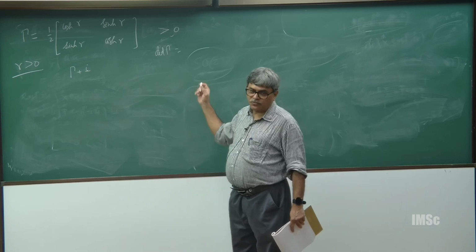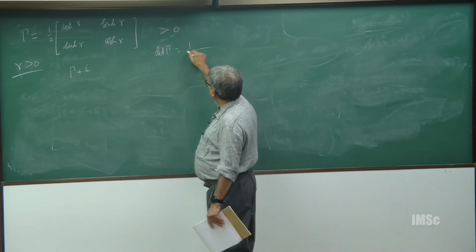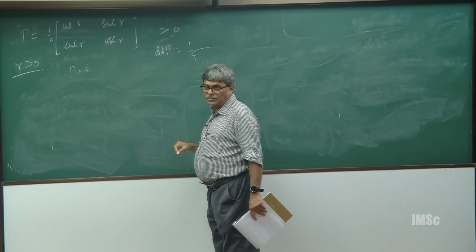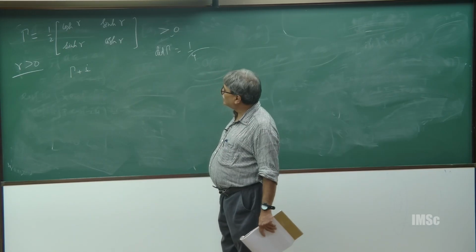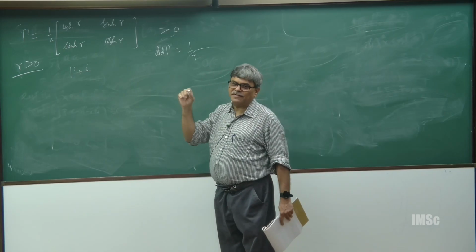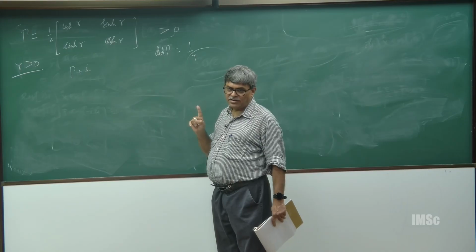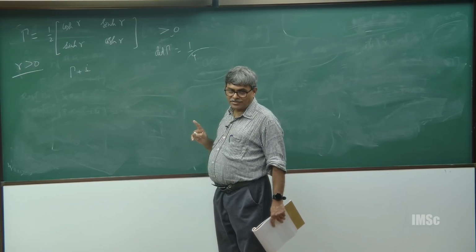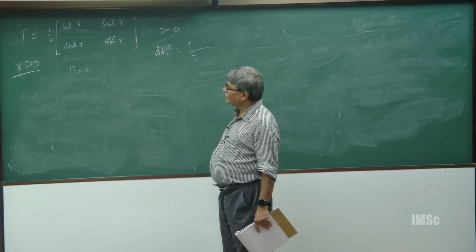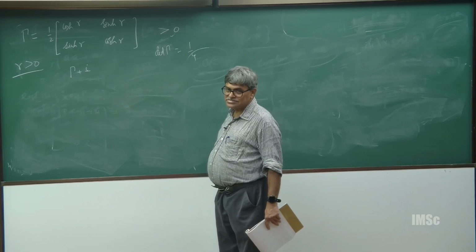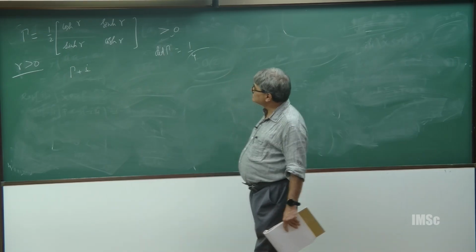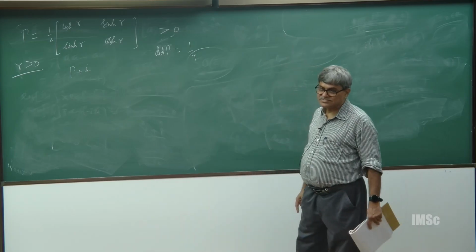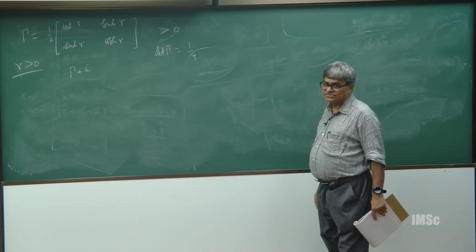So this is 1/4. Because the prefactor is half squared, as it is a 2 by 2 matrix.